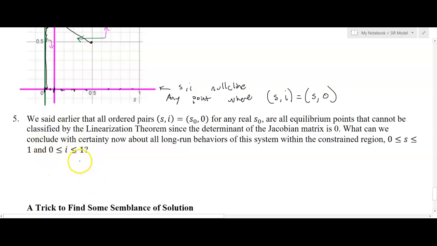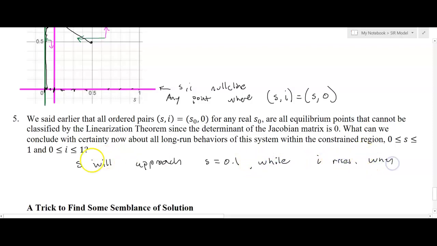So we'll say something like this. S will approach S equals 0.1 while I rises.